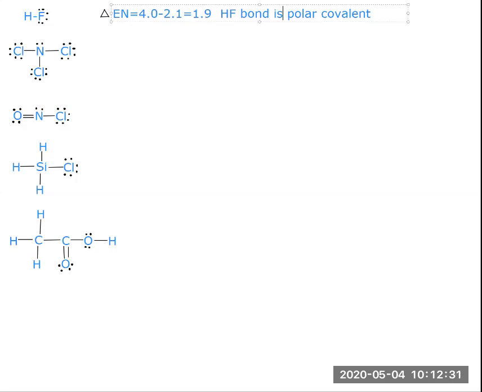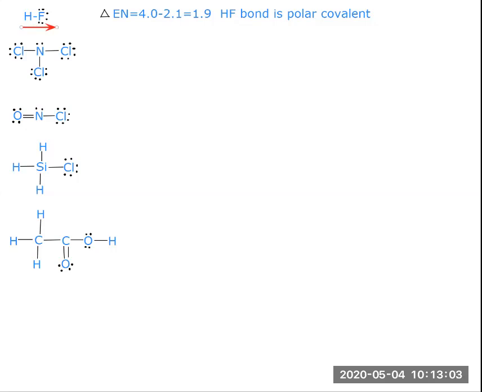The arrow is what we call a dipole. It shows how the electrons are pulled towards the more electronegative element. Because the higher value is for fluorine and the lower value is for hydrogen, the arrow will point towards fluorine. Let me change the color of that to red. So I'll do it like this.